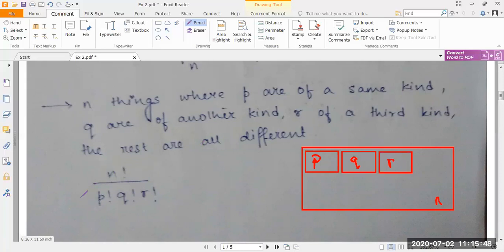They are identical permutations, and I have included all of them in my answer. Using the same theory, I'll be dividing it by q factorial as well as r factorial. So when there are repetitions, at the beginning I'll take all of the items as different, and then I'll divide by the number of repetitions or the number of identical items in the group.